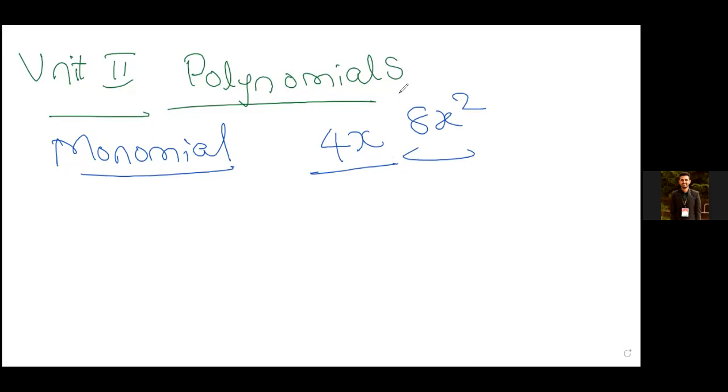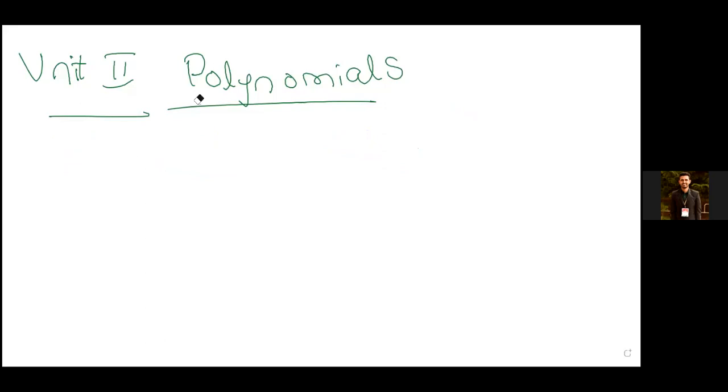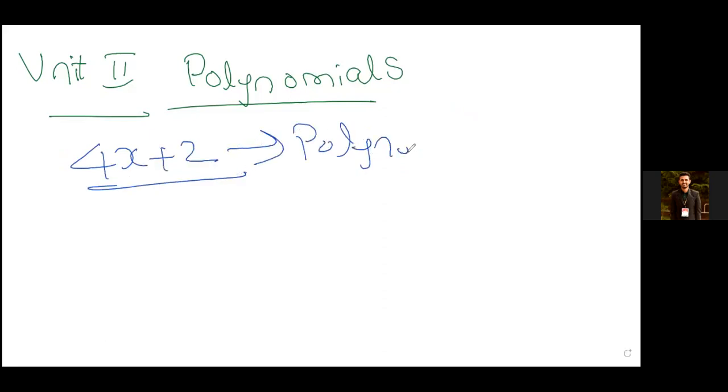But if, for example, an equation is written in this way, so this is a polynomial. You guys have studied regarding monomial, polynomial, and all in class 9, I guess 9 and 8. They'll have the detailed explanation and introduction for this.